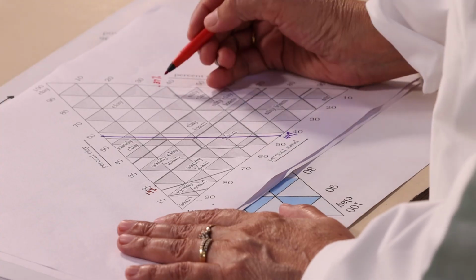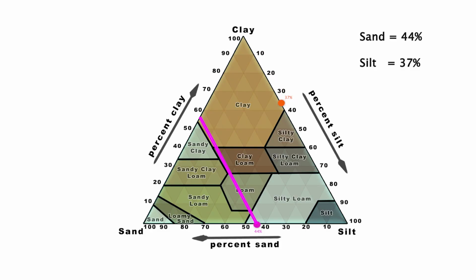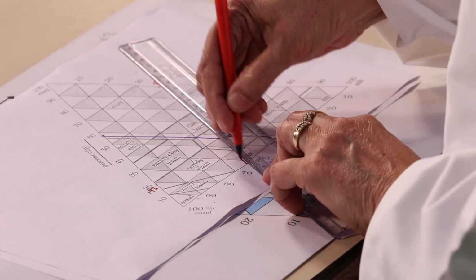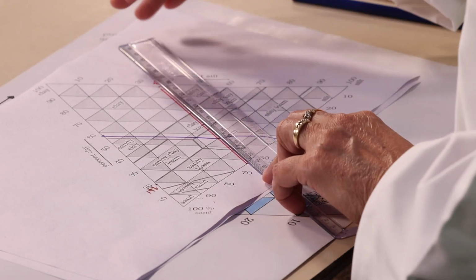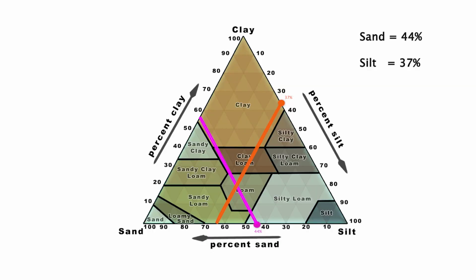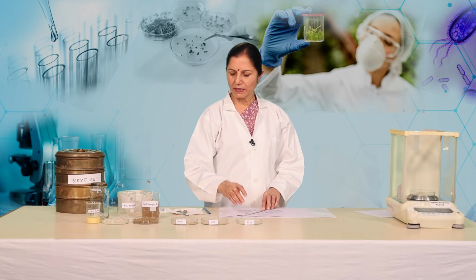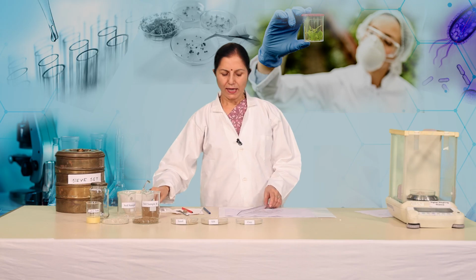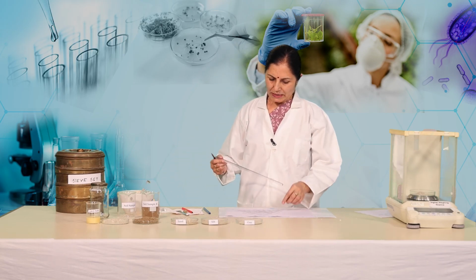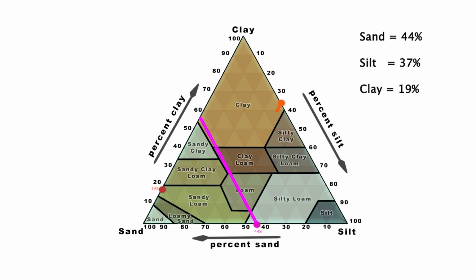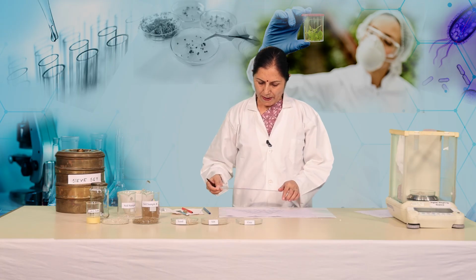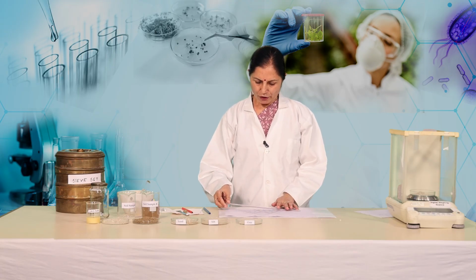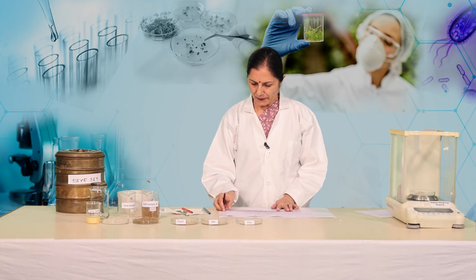So, let us mark this point on the silt side of the textural triangle and draw a line parallel to the clay side towards the sand side. Similarly, we can draw a line from the clay side. Clay is 19%. So, similarly, we can draw a line parallel to the sand side from clay towards the silt.